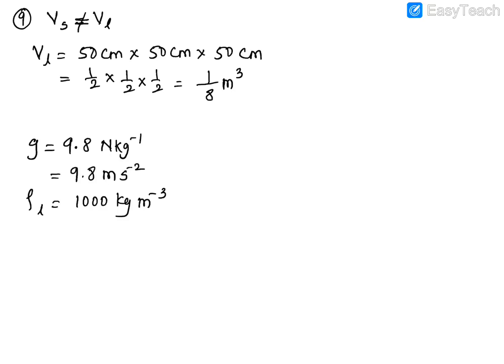Okay, so now we have everything ready. You have volume, you've got density, you've got gravity also. You just multiply all of them and you'll get the answer. So what formula are we going to use now?